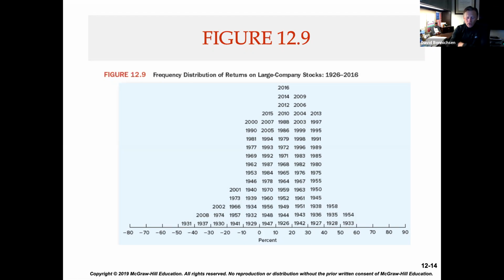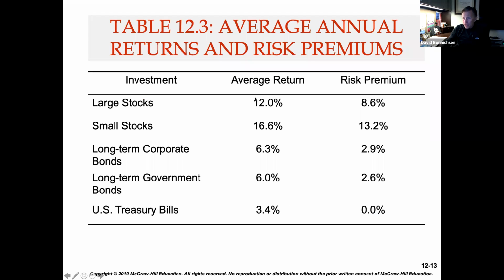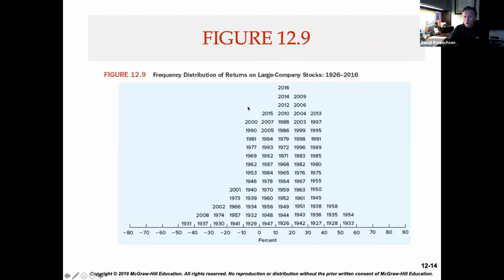So the frequency distribution gives us a shape to the distribution of the returns around the average. When we go back to the previous slide where the average return is 12% for large cap stocks, 12% falls probably somewhere right in here. So there's your mean. And we can look at a distribution around the mean to calculate standard deviations to tell us how volatile the returns are going to look based upon the historical patterns within the market.